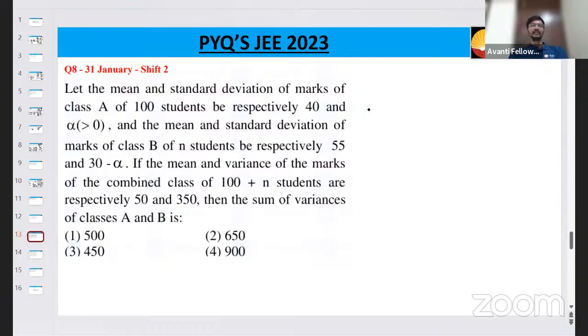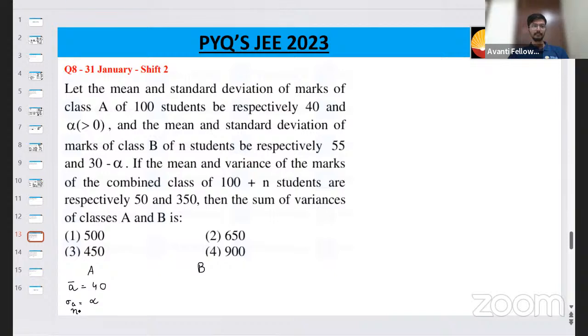Let the mean and standard deviation of 100 students be respectively 40 and alpha. So this is class A. This is class B. So class A's mean is 40. Class A's standard deviation is alpha.